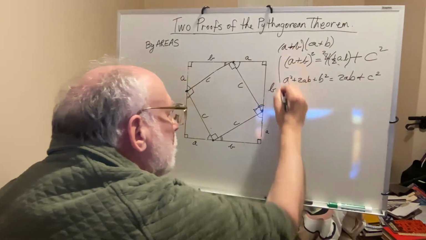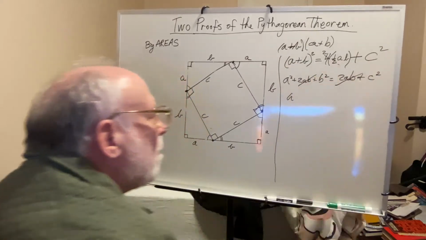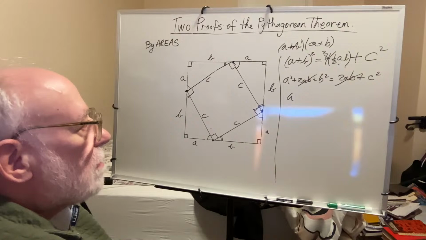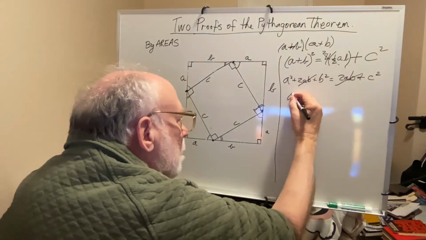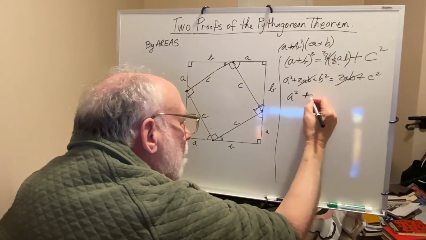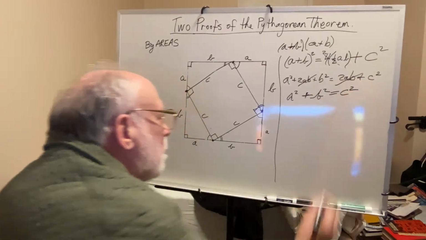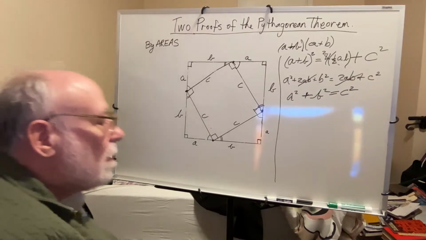So we have A squared plus 2AB plus B squared equals 2AB plus C squared. These 2AB terms are going to cancel. And so we have A squared plus B squared equals C squared.